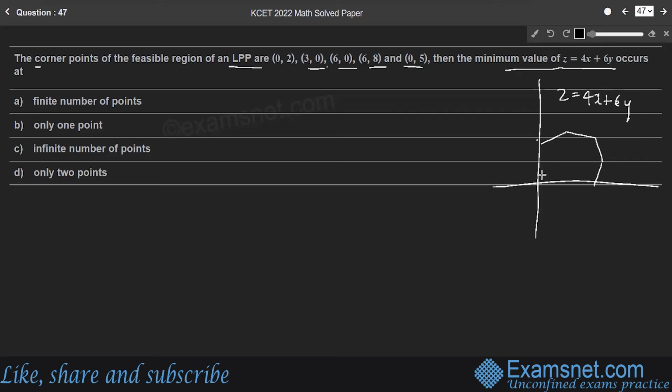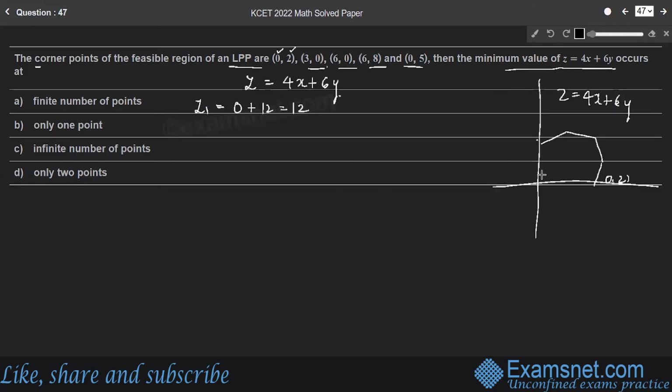So for that, let us substitute the values of x and y, right? So in this equation, Z is 4x plus 6y, right? So when the points are 0 and 2, somewhere here, I'll consider it as Z1. At 0 and 2, 4x plus 6y becomes 4 into 0, 0, 6y becomes 12.